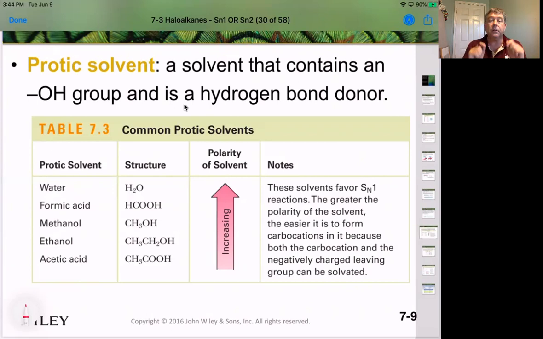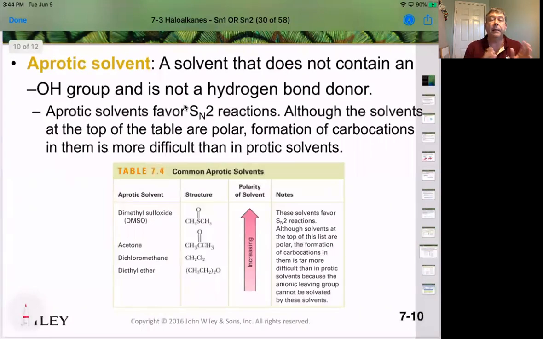Okay? So the second type of solvent we frequently use are what we call aprotic solvents. These are solvents that don't contain a hydrogen bonding group. So if we look at these solvents here, they tend to be things like acetone, chloroform, ether, dichloromethane, and another one called dimethyl sulfoxide. This is a very polar compound.